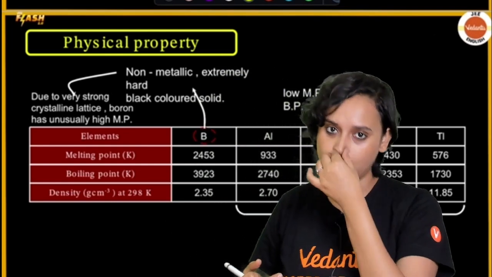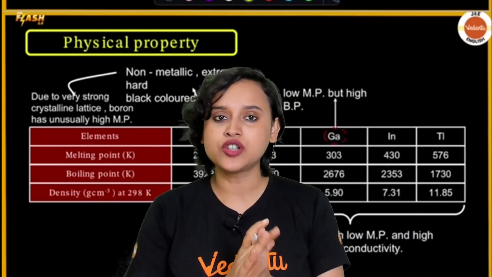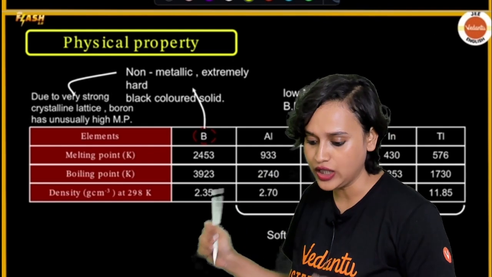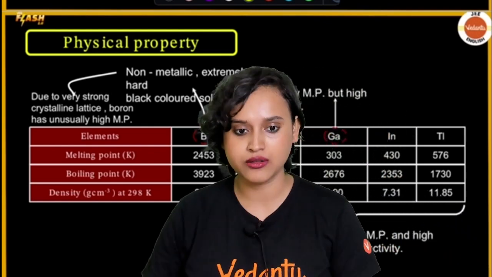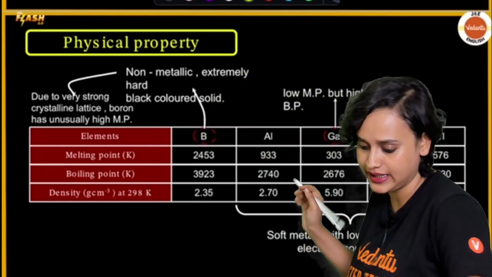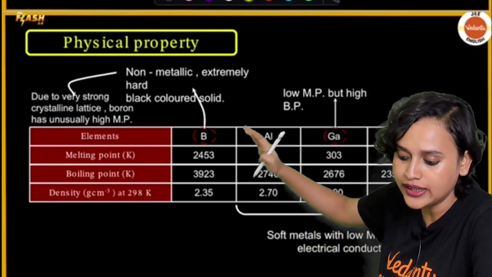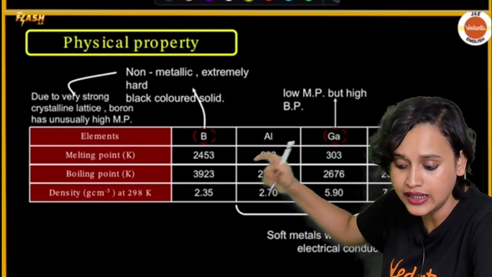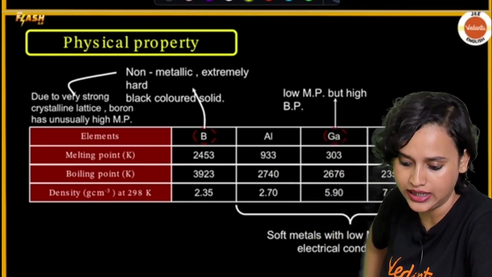Okay, now we are going to talk a little bit about the physical properties: the melting point, the boiling point, and the density, everybody. If you look at the melting point, you see that boron has a really high melting point. Do you know why?